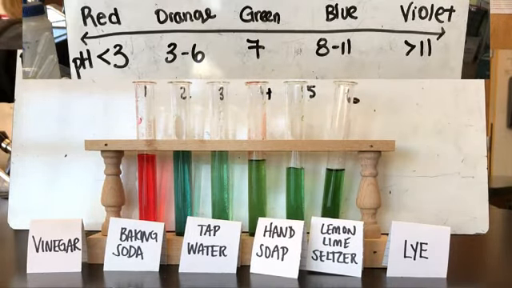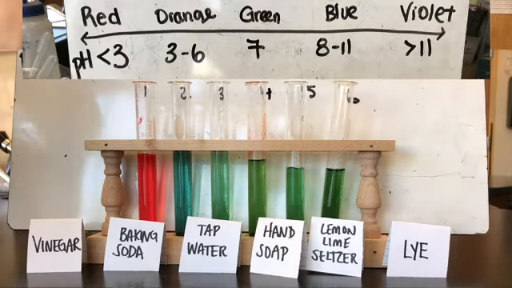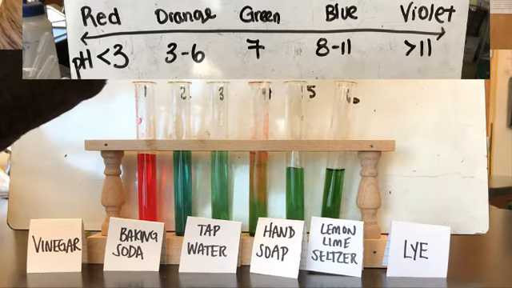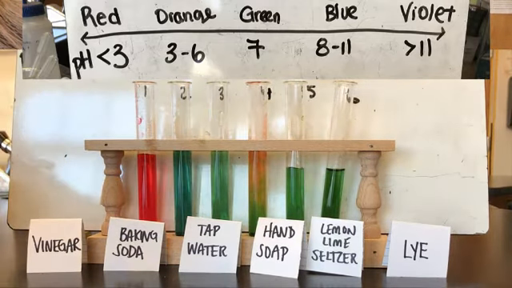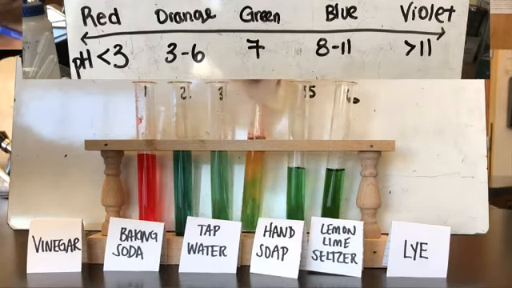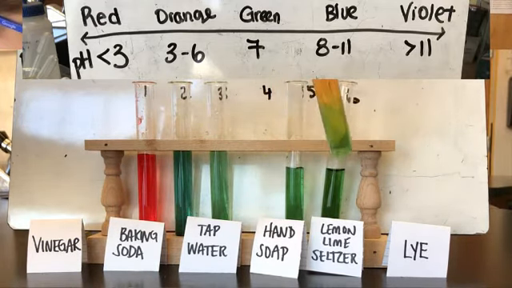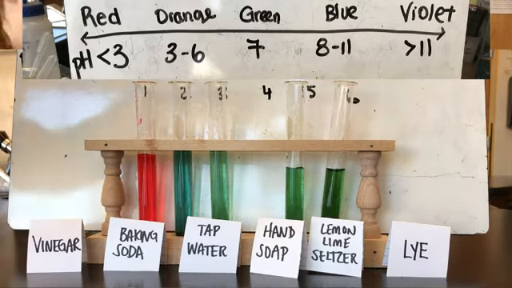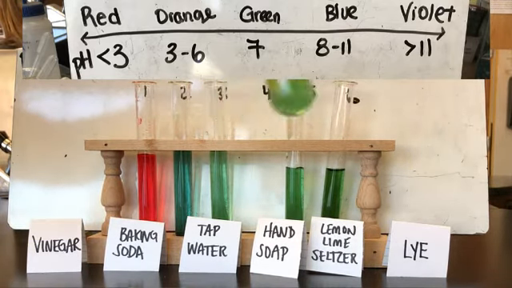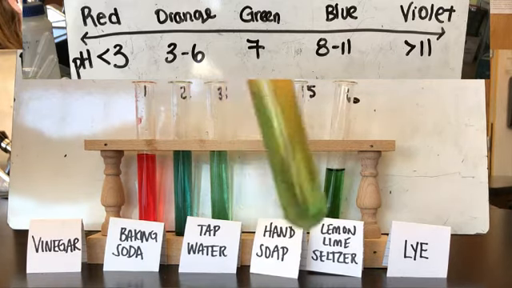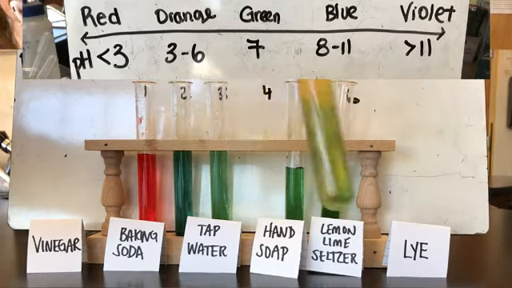Hand soap solution. So this is some hand soap with a little bit of water mixed in to make it a little bit less viscous. You can see a gradient forming as the hand soap solution makes its way down the test tube.